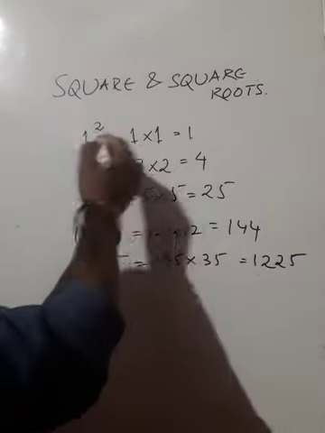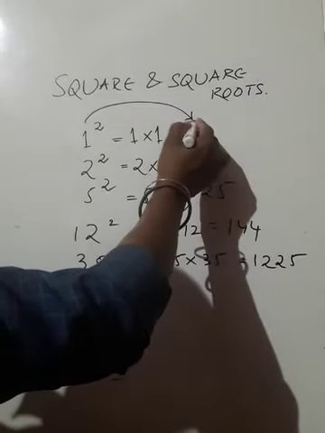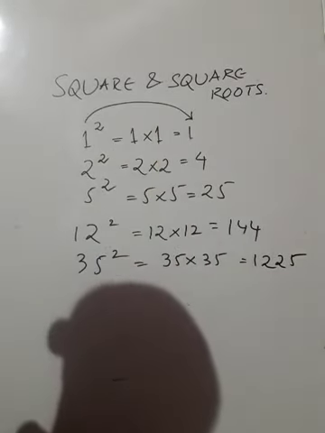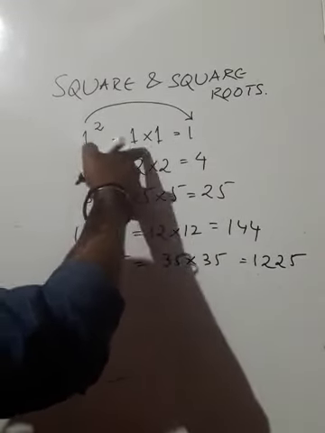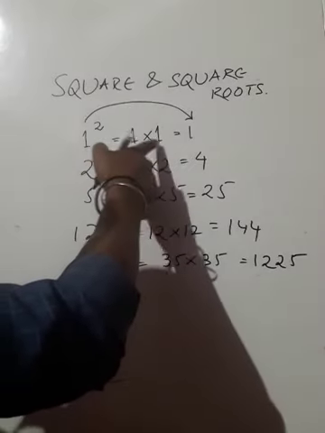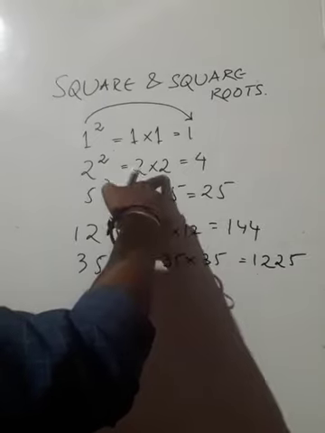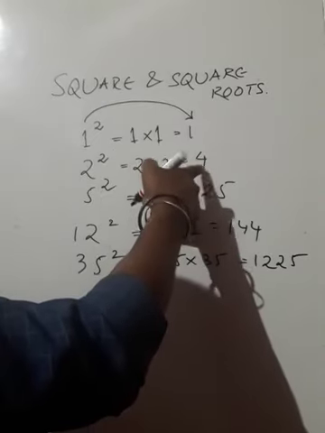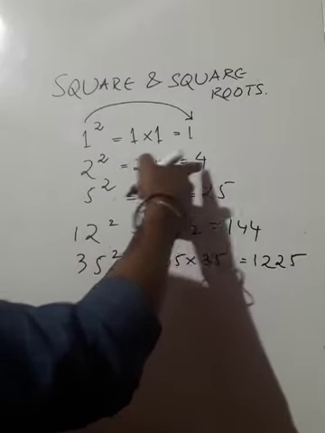So here, the number obtained by squaring any number is called a perfect square. The number obtained by multiplying a number by itself is called a perfect square. Here I multiplied 1 by 1, this becomes a perfect square. 2 into 2 is a perfect square, because this is obtained by multiplying a number by itself.